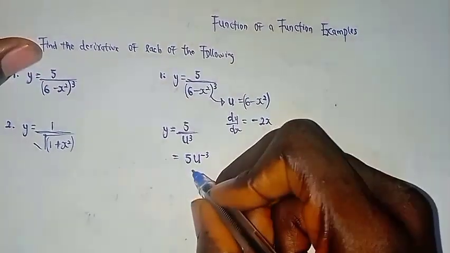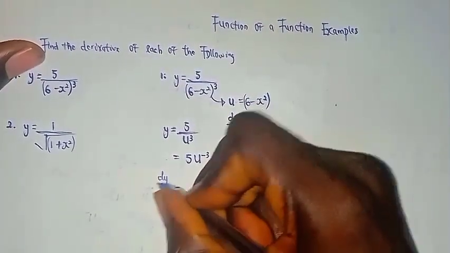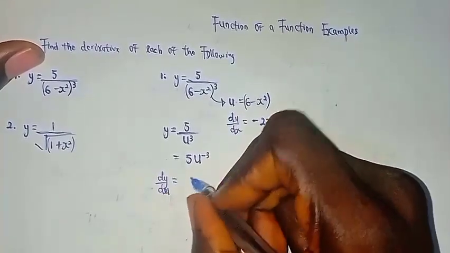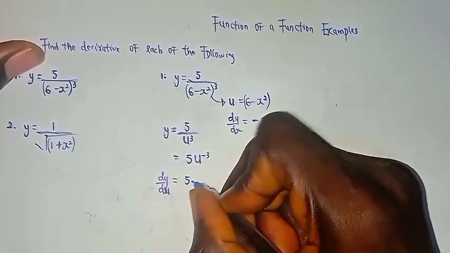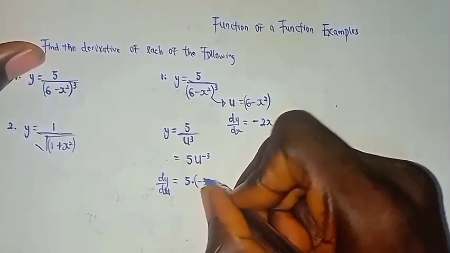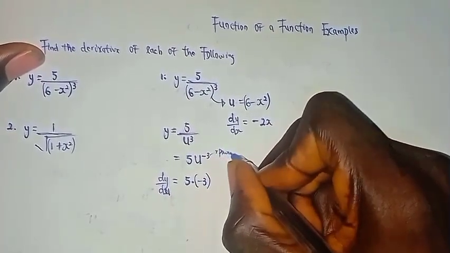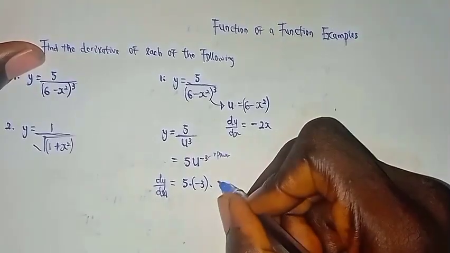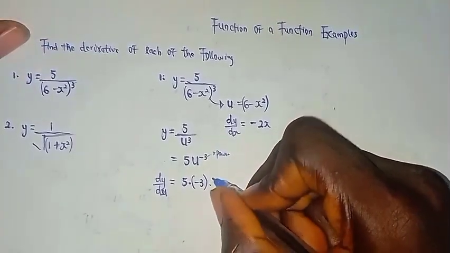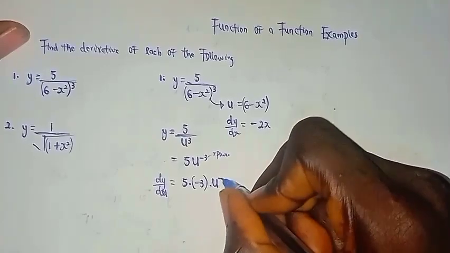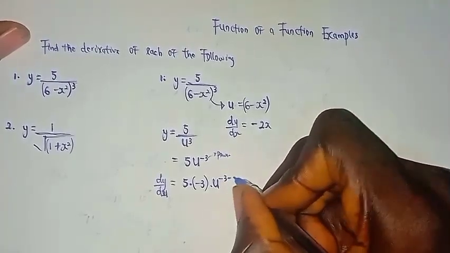So our dy over du becomes 5 multiplied by minus 3, the power, and then u to the power of minus 3 subtract 1.